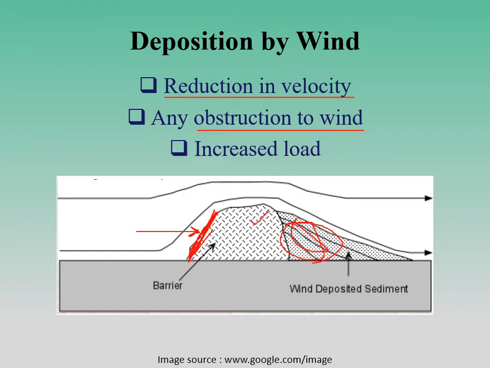So any wind falls in this direction or goes in this direction, it does not feel the moving energy, and thereby the kinetic energy suddenly drops in this place. So deposition occurs in this shadow zone.